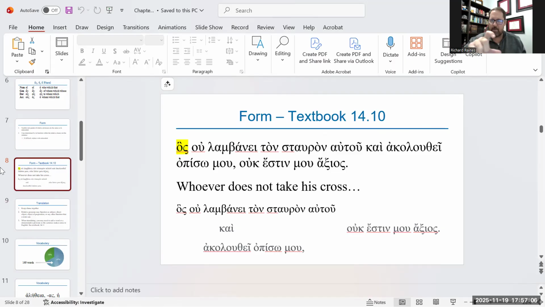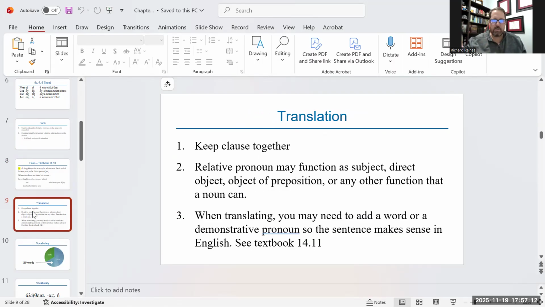I'm going to cover it in that supplemental lecture to kind of help you put your sentences together. So keep the clauses together, and remember that the relative pronoun may function as a subject, a direct object, so on and so forth. And when you are translating, you may need to add a word, like instead of who, whoever, so that the sentence makes sense.